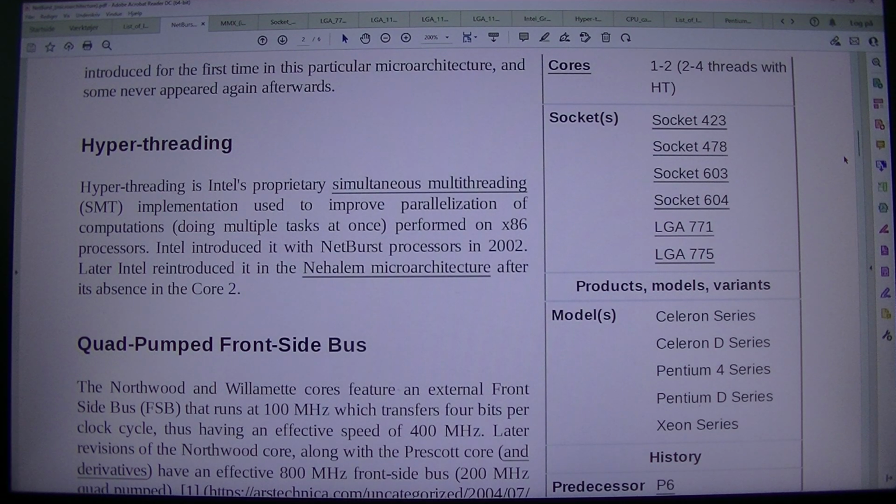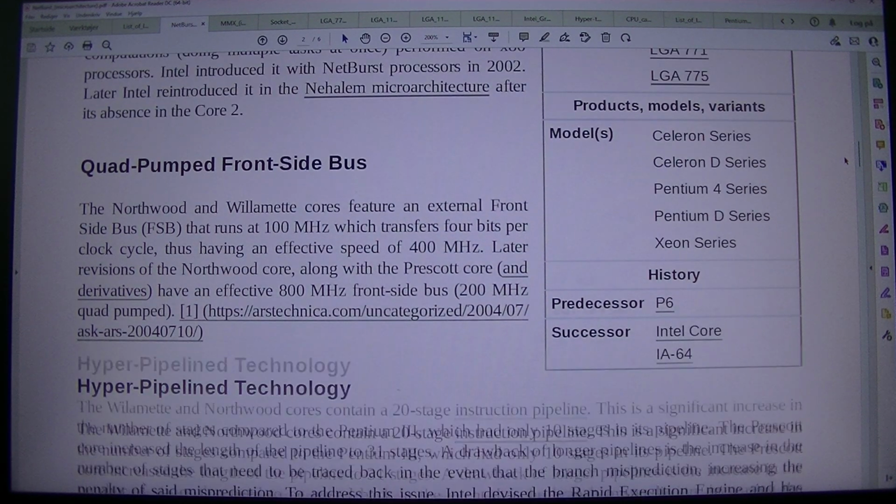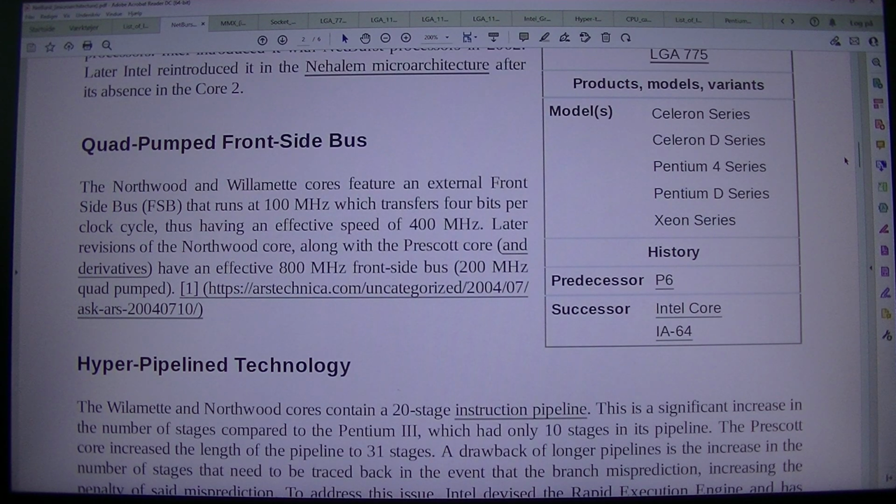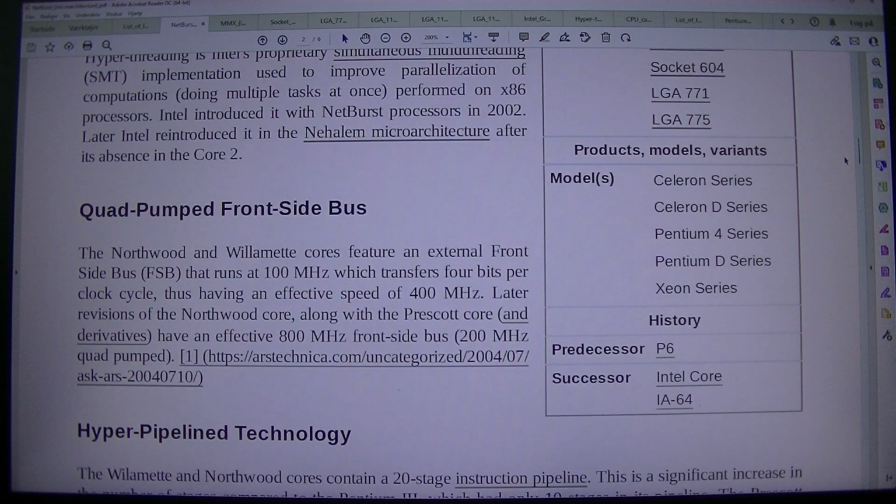Products, models, variants: Celeron series, Celeron D series, Pentium 4 series, Pentium D series, Xeon series. History: predecessor P6, successor Intel Core, IA-64.